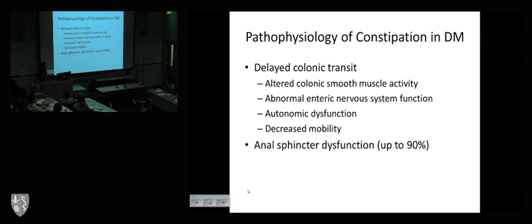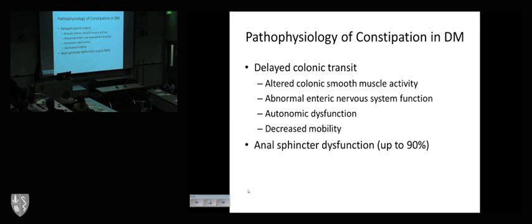So when you think of constipation, you have to think of the colon as well as the anal sphincter. So if there's delayed colonic transit, you can see altered smooth muscle activity, so more of a myopathy, or you can see a neuropathy where you can see any abnormalities in the enteric nervous system. Autonomic dysfunction: if you have decreased parasympathetic function, then you can lead to slow colonic transit.